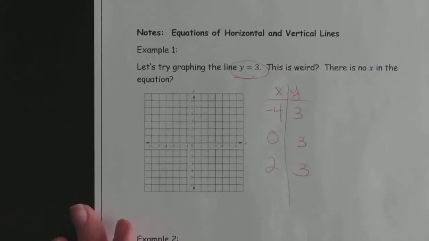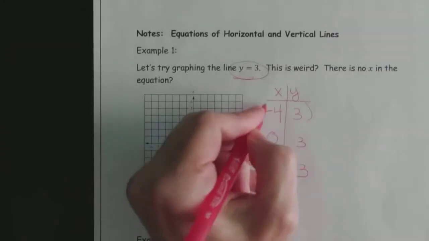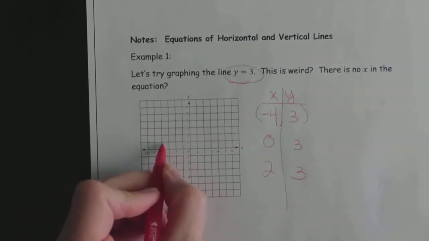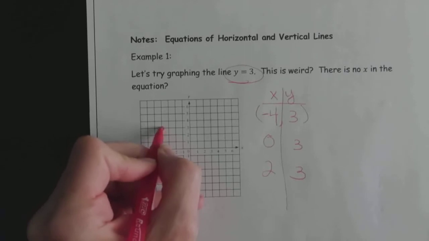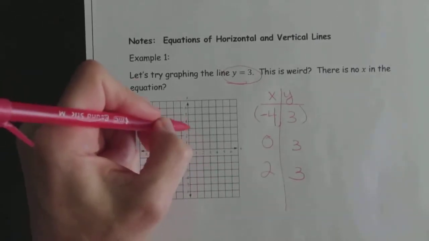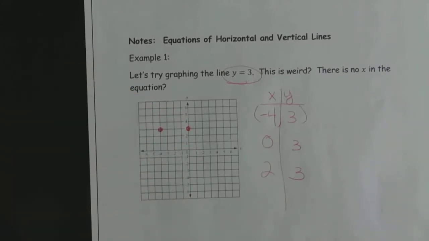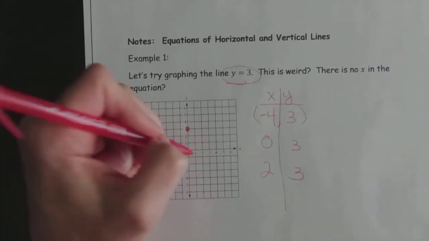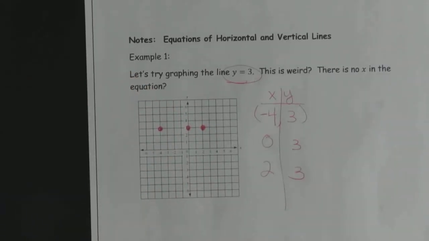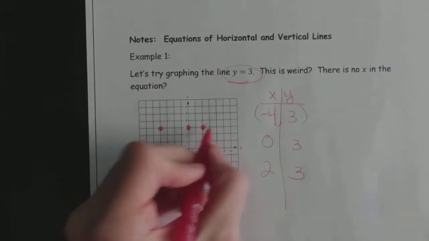So let's look at what that pans out as a graph. I know how to plot ordered pairs. If I plot -4, 3, that's right here. And if I plot 0, 3, that's right there. And if I plot 2, 3, that's right there. Well, how do they line up?